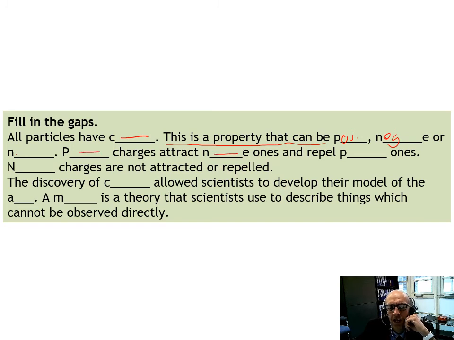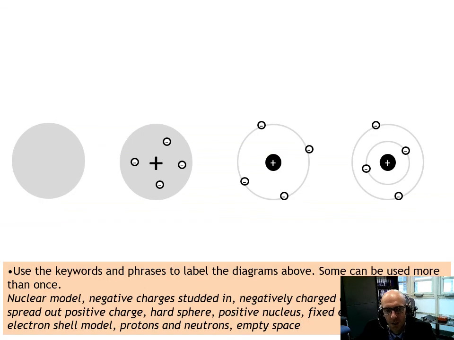Positive charges attract negative ones and repel positive ones. Neutral charges are not attracted or repelled. The discovery of charge allowed scientists to develop their model of the atom. And a model is a theory that scientists use to describe things which cannot be observed directly.